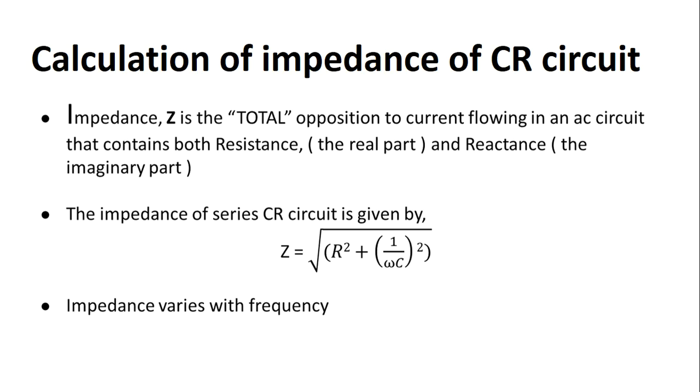Here the reactance is the capacitive reactance offered by the capacitor in the CR circuit. This impedance is calculated as Z is equal to square root of R square plus 1 by omega C whole square. The impedance varies with frequency.